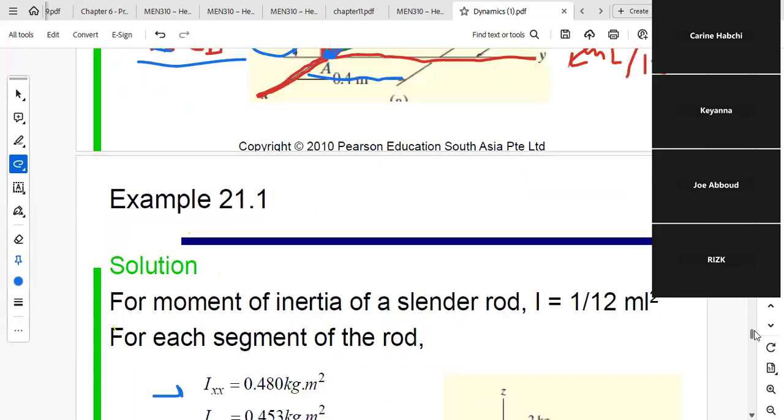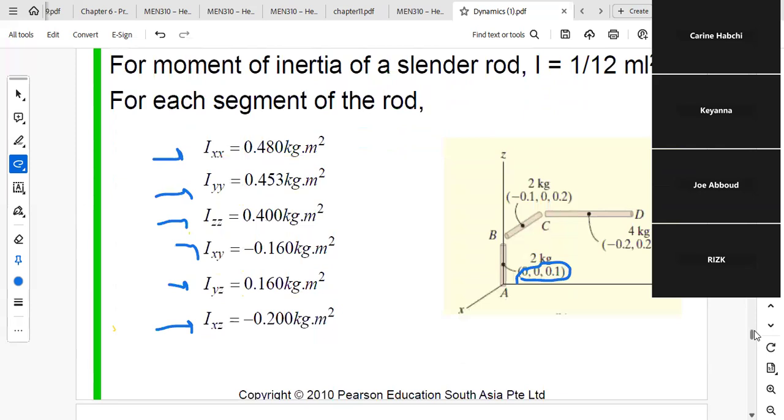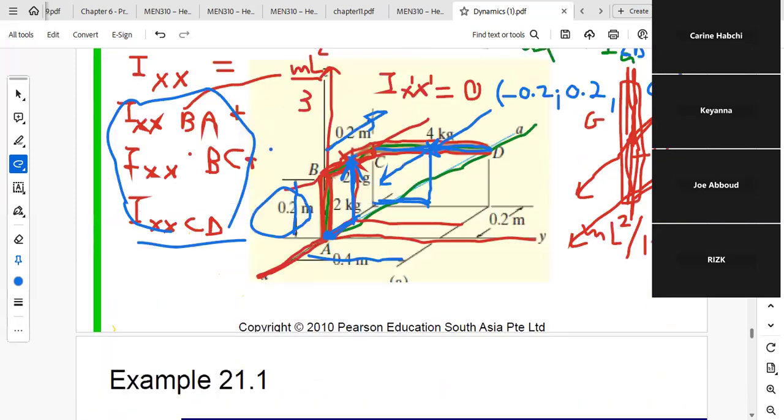And once you get all of these by replacing in the formulas, you need to evaluate now the unit vector. So your unit vector is along AA, okay? This axis AA. So you need to evaluate the coordinates of point D. A is the origin, so 0, 0, 0.